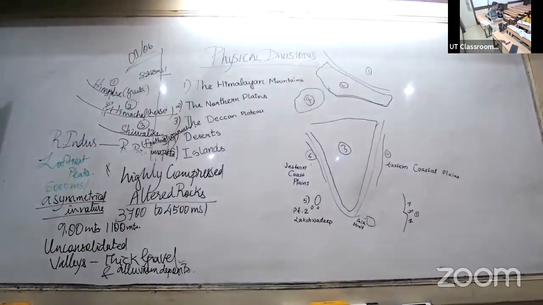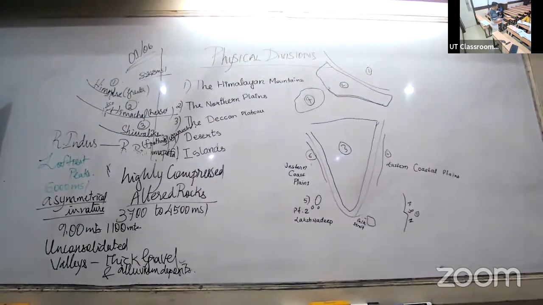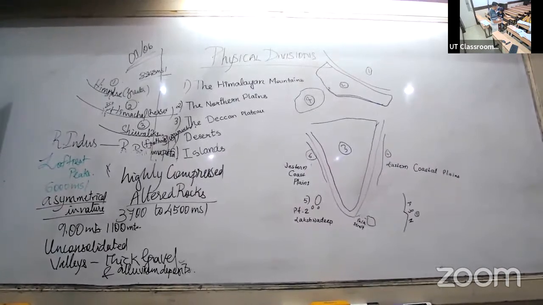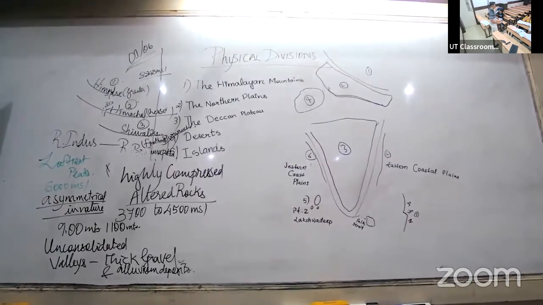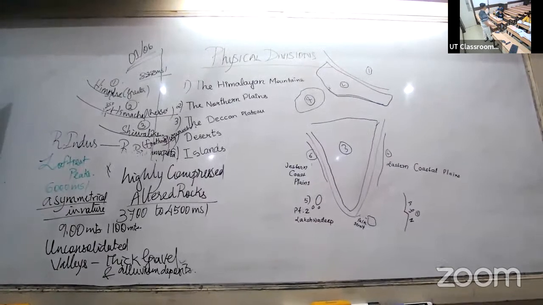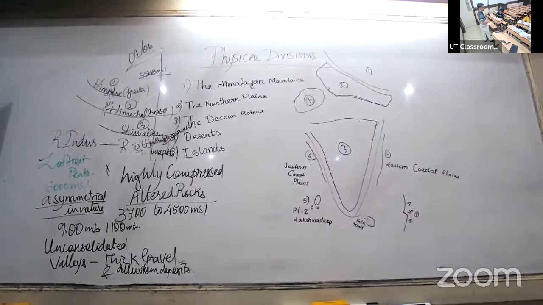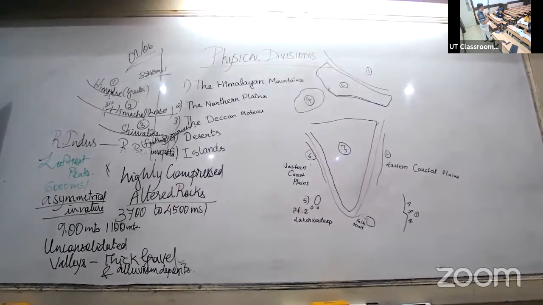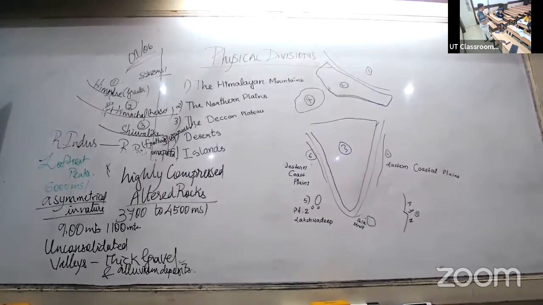Middle Himalayas, Greater Himalayas, foothills. If it feels difficult at this point for me to learn, at this point I don't understand, at this point I don't want to climb, read it.